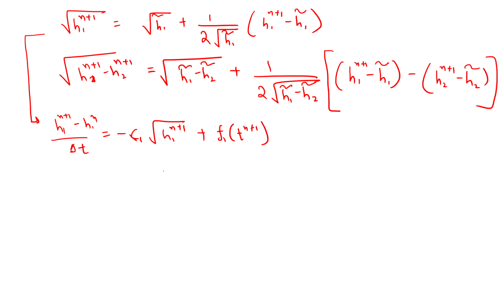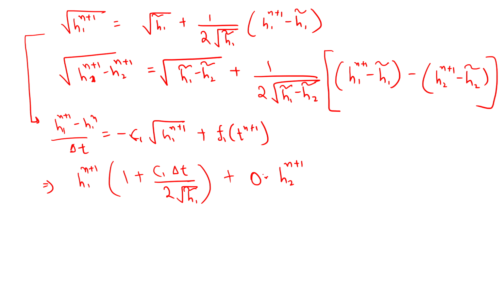If I put this into this equation, then it becomes (1 plus c1 delta t upon 2 root h1 tilde) h1^(n+1) plus 0 times h2^(n+1), since this does not have the coefficient of h2^(n+1), is equal to h1^n minus c1 delta t root of h1 tilde upon 2 plus f1(t^(n+1)).